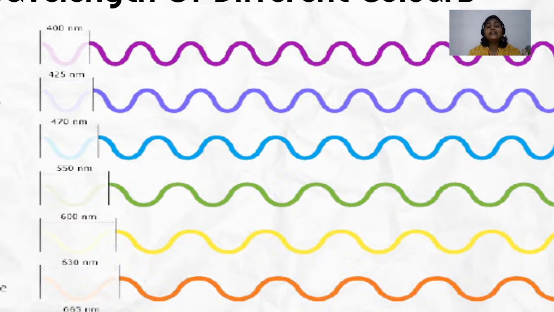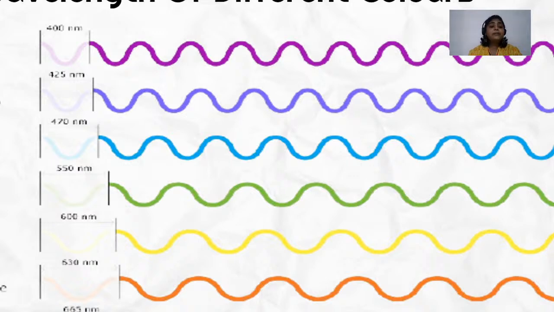Here nm is the SI unit, and its full form is nanometer, which is equivalent to 10 raised to power minus 9 meter.